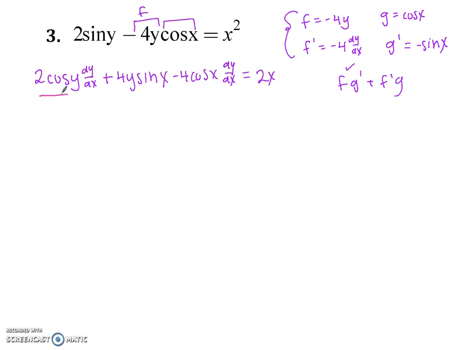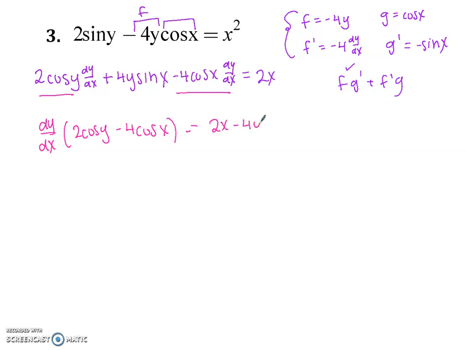Okay. Then I'm going to leave these two over here, and I'm going to go ahead and take out the dy/dx. So that'll give me 2 cosine of y minus 4 cosine of x. This term doesn't have a dy/dx, so I'm going to move it over with the 2x.